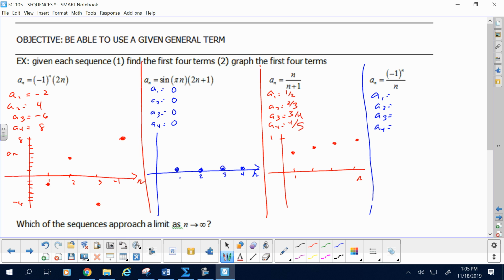Okay, so for the third term, did you get 1/2, 2/3, 3/4, and 4/5?